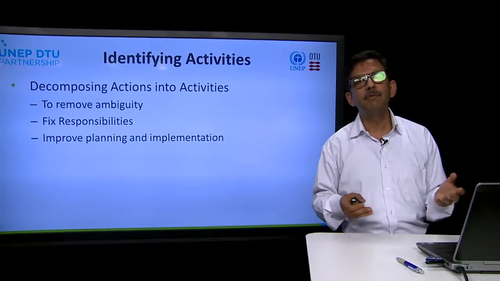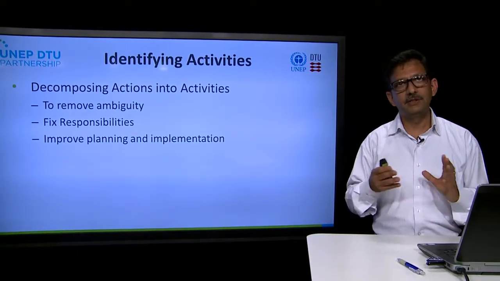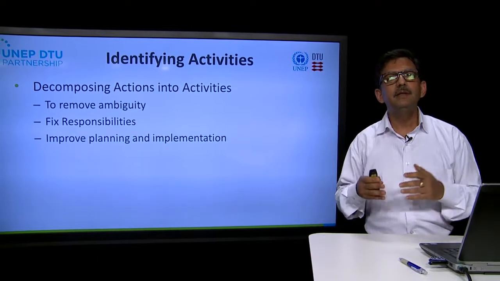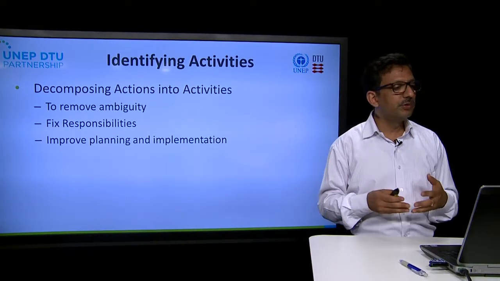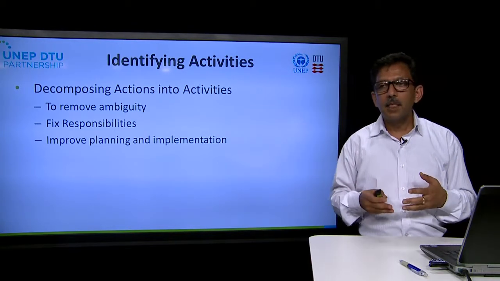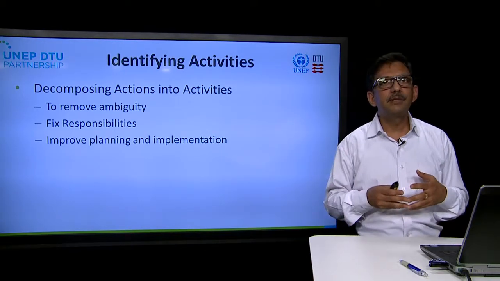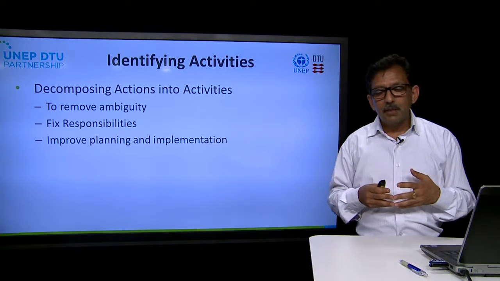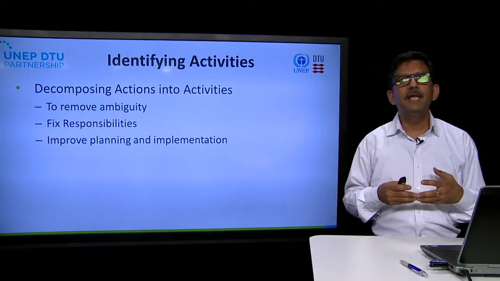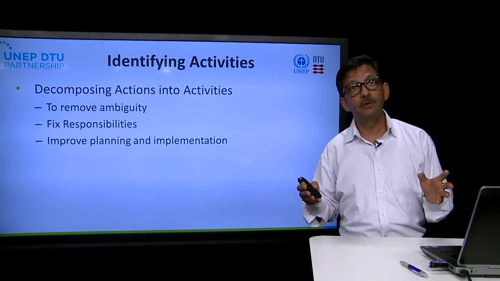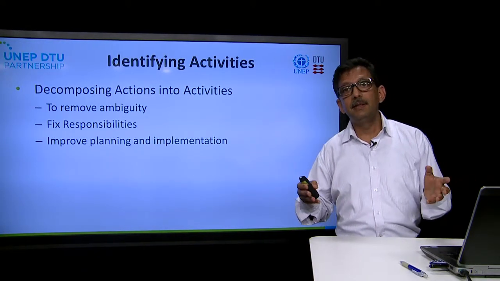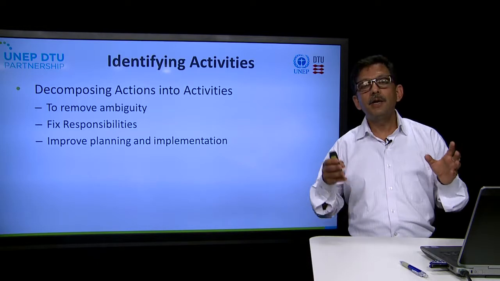Now once we have identified actions from amongst the majors, the second step is to go forward and try to decompose them into activities, and the reason for doing this is threefold. Number one is that we don't want the actions to be interpreted differently by different stakeholders. We would like the actions to be unambiguous.